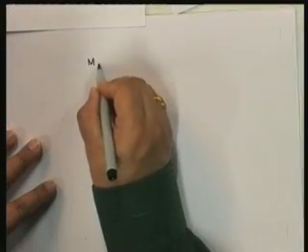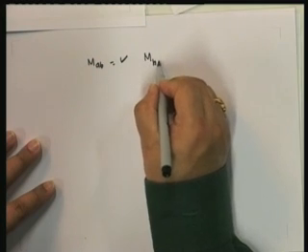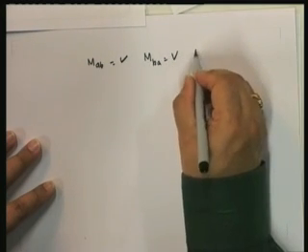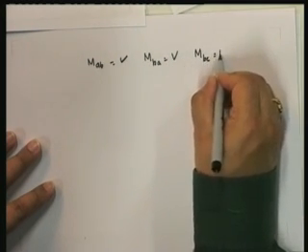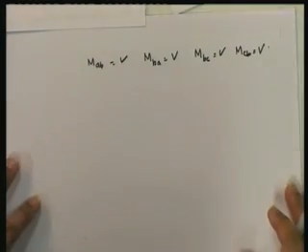Okay, so I have substituted, I have found out MAB, this is known, MBA, this is known, MBC, this is known, MCB, this is known. Okay?